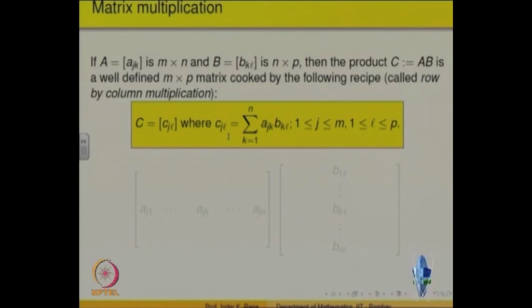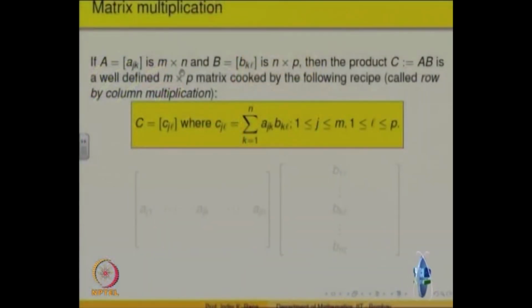So, row of the first one, column of the second, the corresponding entries you multiply and add. That naturally puts the condition that the number of columns here should be the same as the number of rows in the other. That is why you have put m cross n and n cross p. The columns here are the same as the rows there.